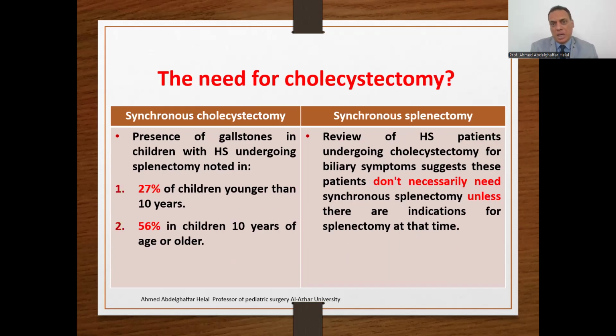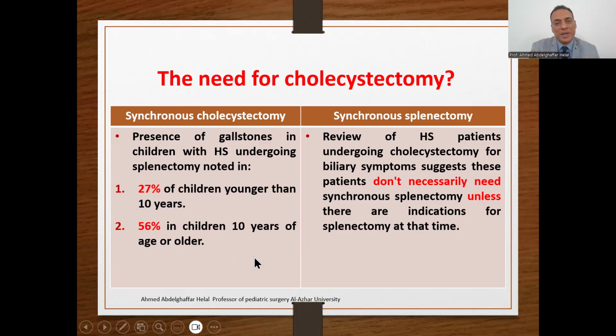The need for synchronous cholecystectomy, to perform cholecystectomy at the same time. The presence of gallstones in children with hereditary spherocytosis is reported to be about 27% of the children younger than 10 years, and maybe 56% in children 10 years or older.